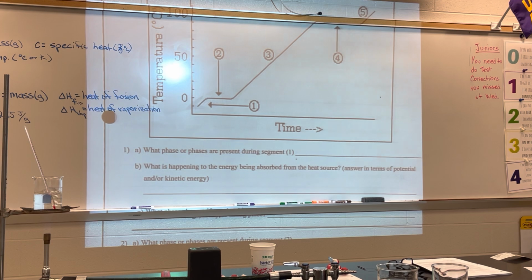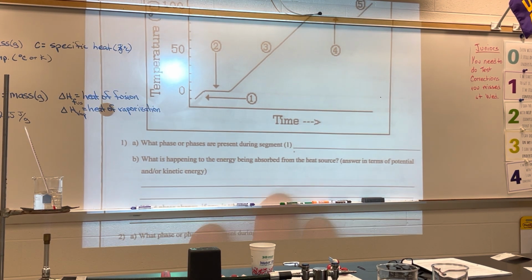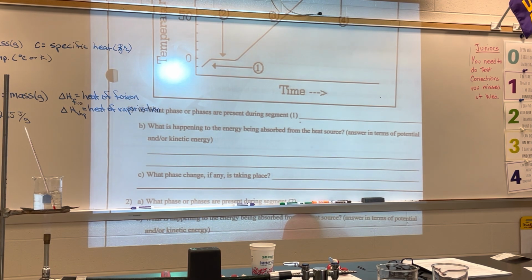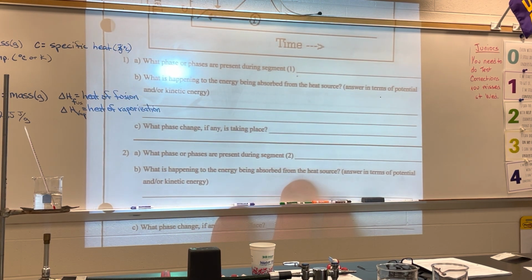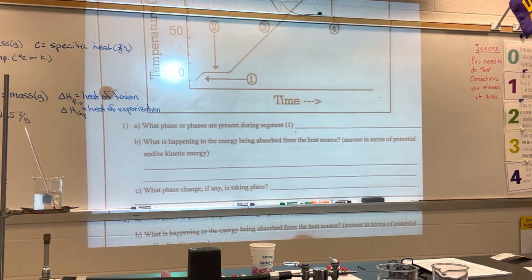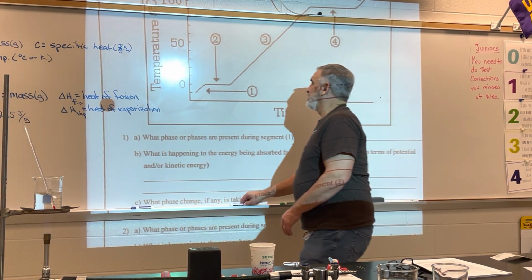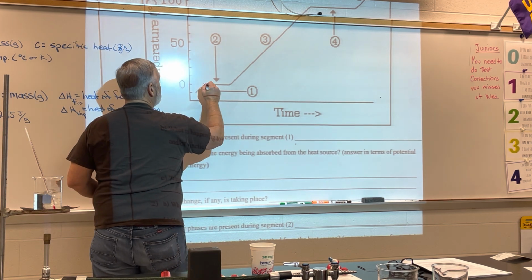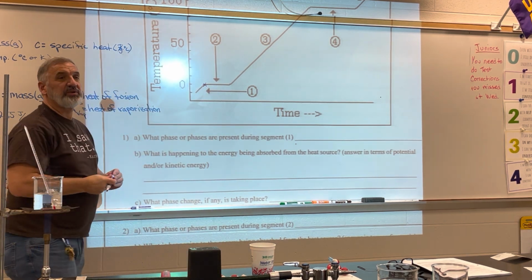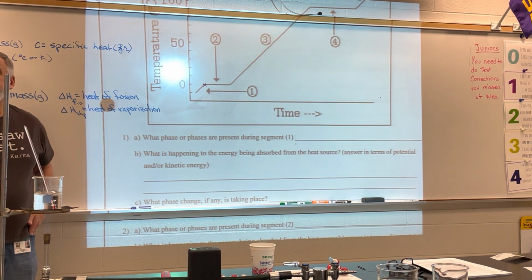So, what's happening at point 2? What phases are present during segment 2? At this point right here in segment 2, what state is our substance? Not yet. Still ice.